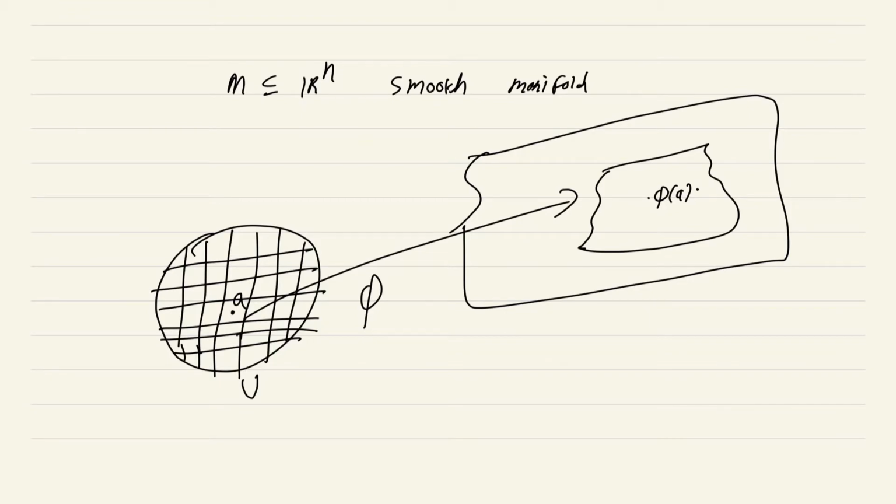Now if you just look at the image of these grid vertices on the manifold, they will be distorted in general, but you can expect something like this. They will be distorted because phi could be nonlinear. They will not be straight lines, but they will in some sense form a grid on the local piece of the manifold.